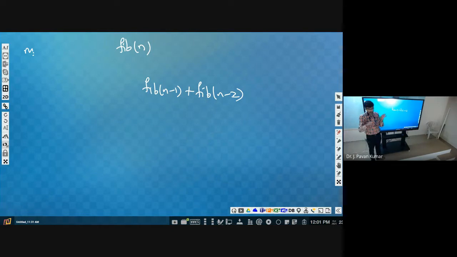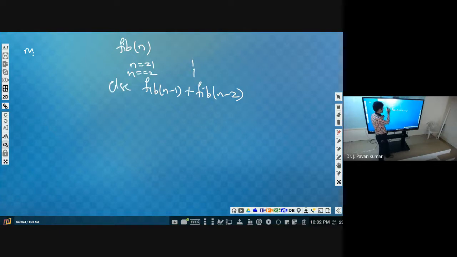No. Why? Because if you continue like this, it will continue forever. We need to mention base cases. What are the base cases? Whenever the n value is 1, that means the first Fibonacci number, you should give 1. The second number is also a base case, so if n is equal to 2, then also we should give 1.